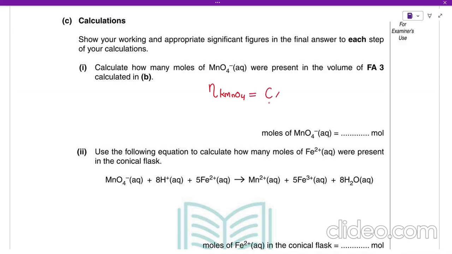It will be concentration times volume. Concentration was given as 0.01 and volume was 23.15. But we have to divide this volume by 1000 because it is in cm³, and we have to convert into dm³ because you are multiplying with mole per dm³. So this will come as, let's just calculate this.